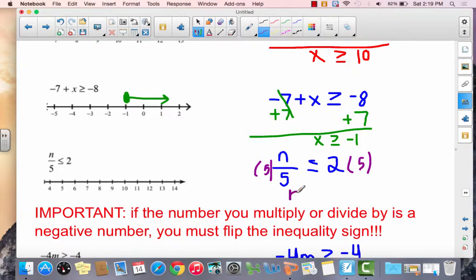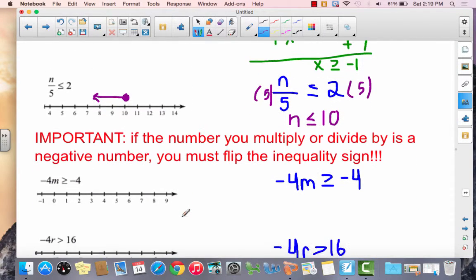I'll bring down my symbol less than or equal to, and the product of 2 and 5 is 10. To graph this inequality, I will find 10 on the number line. Again, the symbol tells me that 10 is a possible solution, so I color that circle in. Less than goes to the left because it points towards the lower numbers.